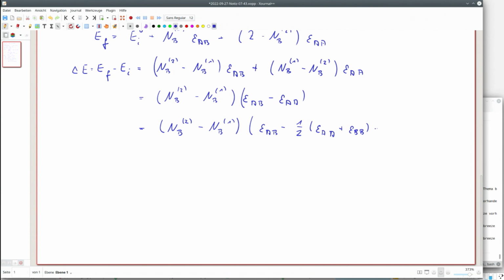And now I'm missing something. I have here epsilon AB, that's fine. I have 1/2 epsilon AA. So I have to have another 1/2 epsilon AA. And I have to get rid of this epsilon BB here. So it's minus epsilon BB.